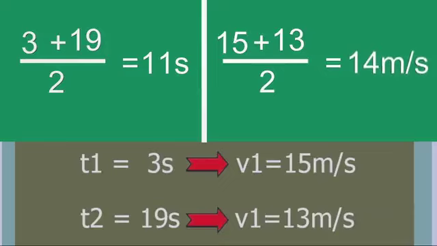The average velocity is equal to 14 meters per second. So at 11 seconds, the instantaneous velocity of the object is equal to the average velocity, that is equal to 14 meters per second.